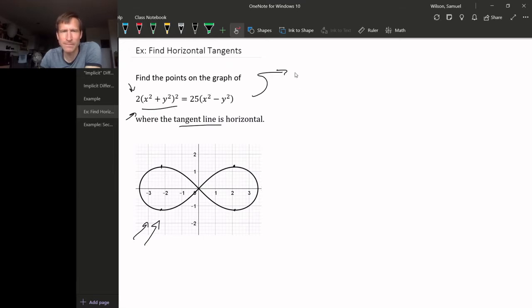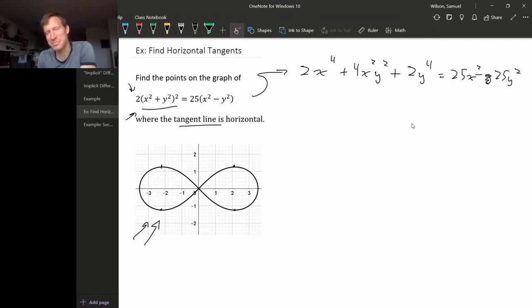So let's do that. We get 2x to the 4th plus 4x squared y squared plus 2y to the 4th. And then on the right-hand side, 25x squared minus 25y squared. Okay, now I have doubts that multiplying it out was the right thing to do, but it'll work either way.